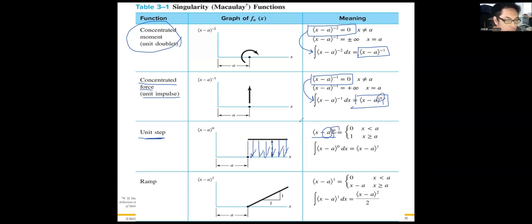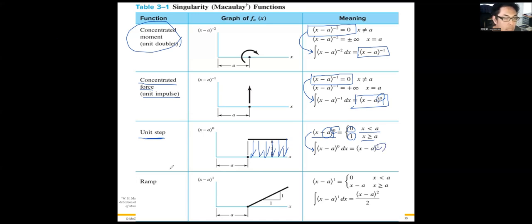If x is smaller than a, the value of this equation equals 0, and if it's greater than a, the value equals 1, right? So if we take the integration of this singularity function, its power will become 1.